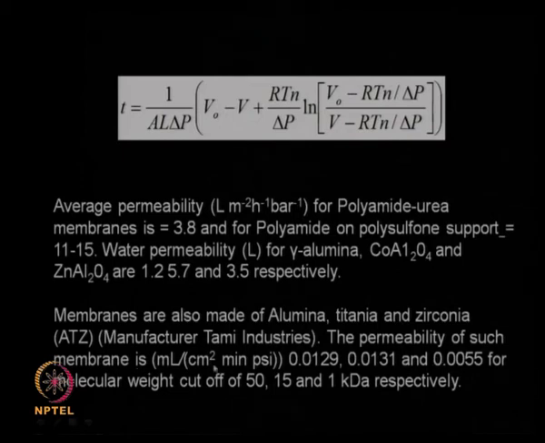The permeability of such membranes, in terms of ml per centimeter square minute psi, is 0.0129 or 0.0131 or 0.0055 for a molecular cutoff of 50, 15 and 1 kilodalton. The main advantage of inorganic membranes is that they can withstand high temperatures.